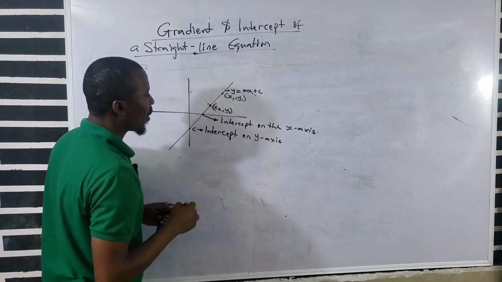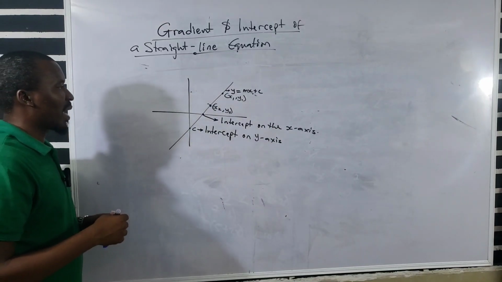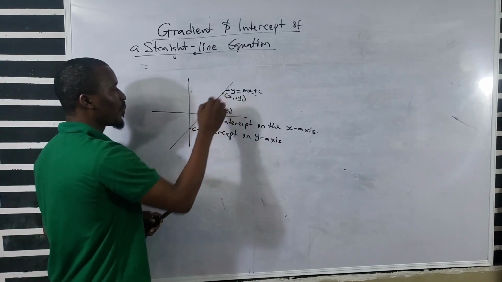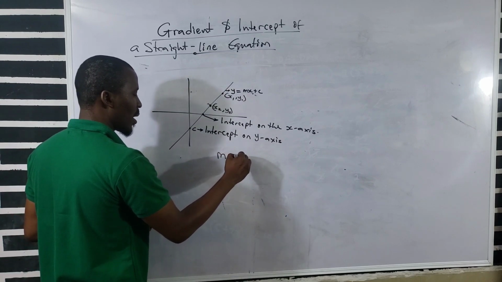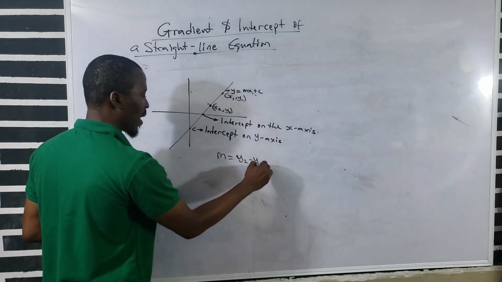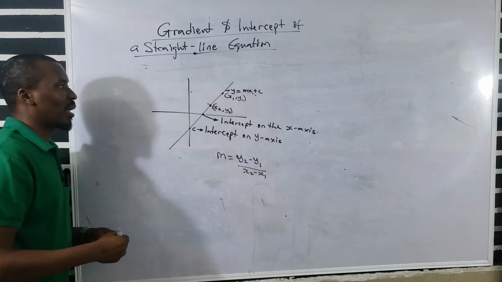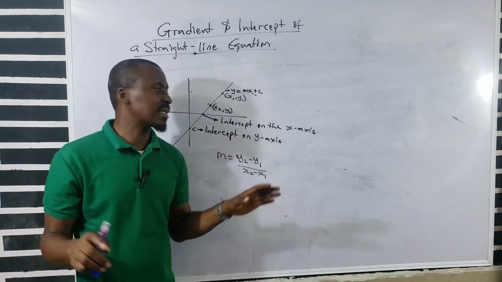Remember, any point on the Cartesian plane is a coordinate of x and y. Okay, so when you pick any two points, you now find your gradient as m equals y2 minus y1 over x2 minus x1.